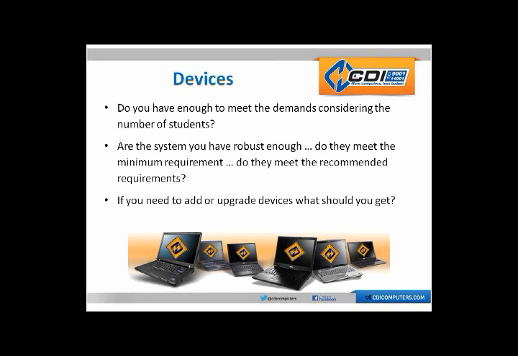The first one being devices, and it's really simple: do you have enough devices to support the number of students you need to test? Are the systems you have adequate to do the testing based on the requirements outlined by the testing organization? And if you need to add systems or upgrade devices, what other things should you be thinking about?